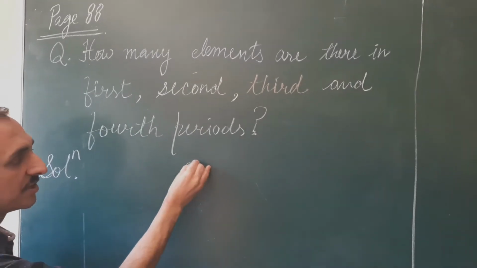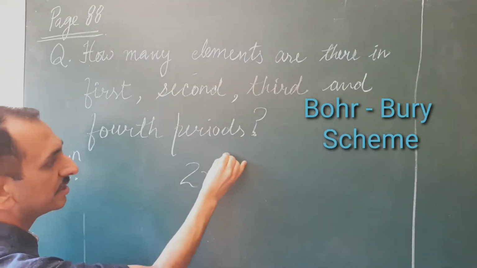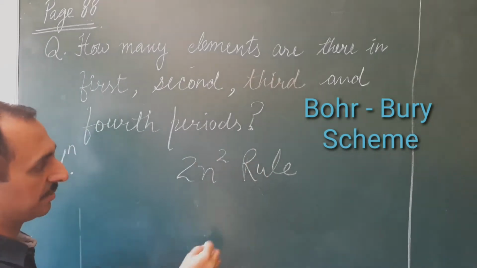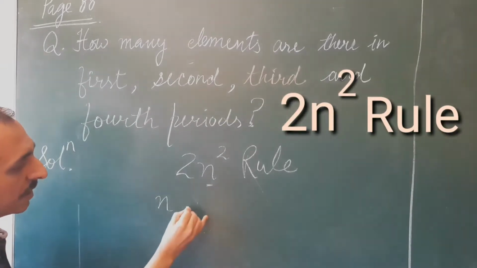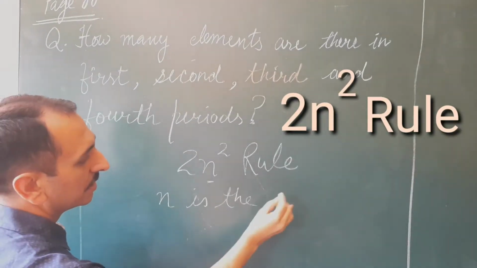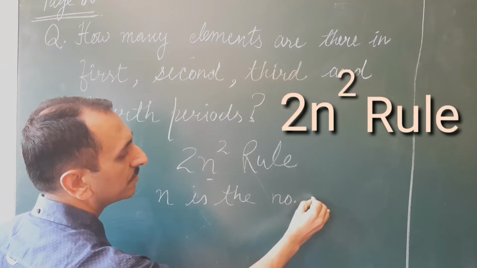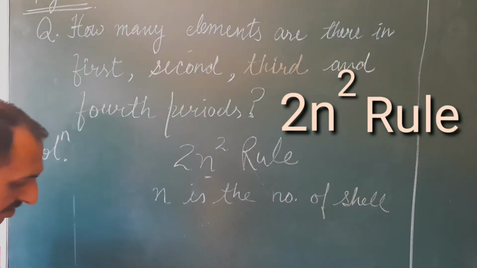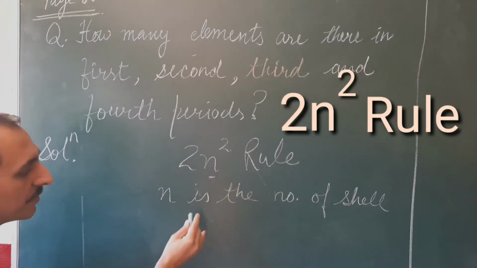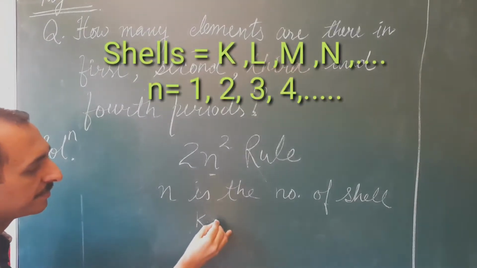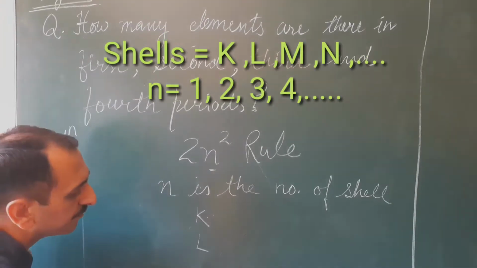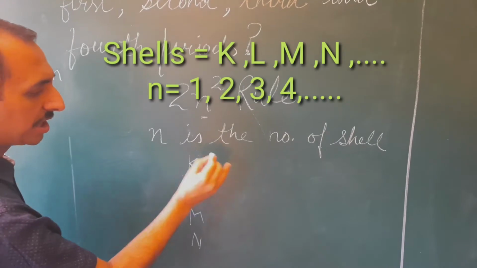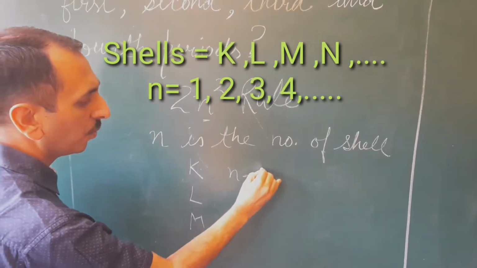And the rule we have studied in 9th class, that is the 2n square rule under the Bohr-Bury scheme, where n is the number of the shell, which is K, L, M, N. For K, the value of n is 1.